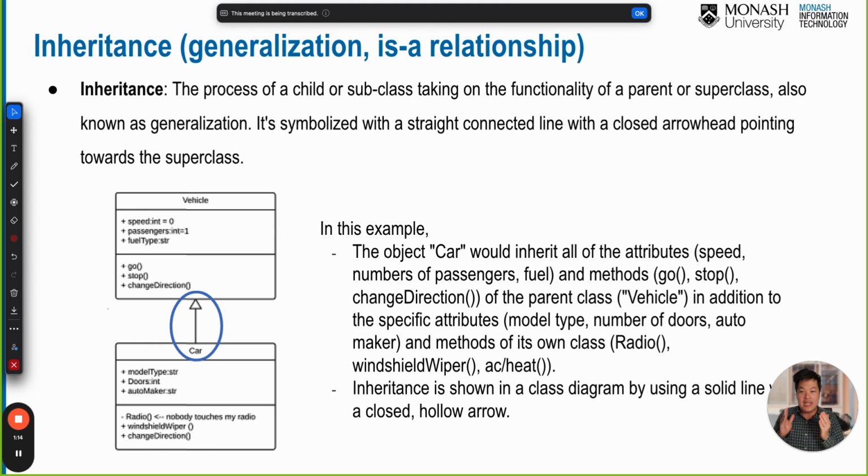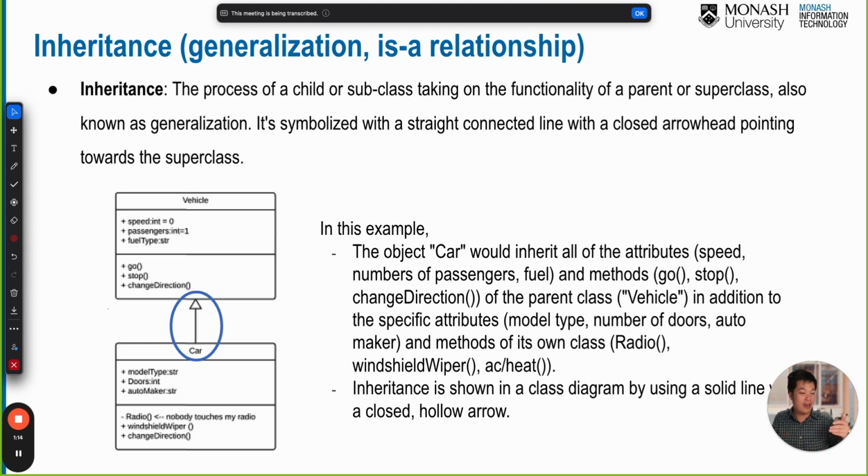Let's say here you have multiple vehicles. In the real world we have many vehicles, and the common properties of the vehicle here are the speed, the passenger, the fuel type; it can go, it can stop, it can turn left, it can turn right. And then we can have separate child classes, which is called car.